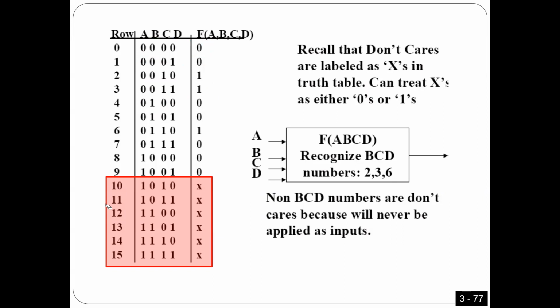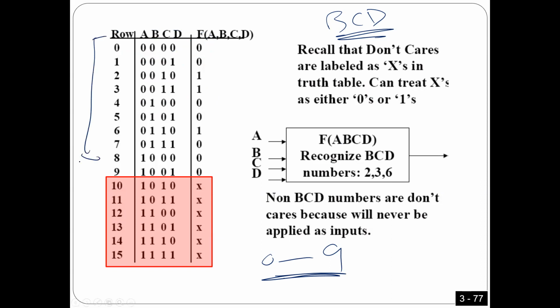For example, if the input here is BCD, as I told you before, BCD means numbers from 0 to 9, but they are in binary. So these are all possible cases for the input. Although the circuit allows inputting 10, 11, 12, 13, 14, or 15, because I have 4 inputs, you can input these numbers, like 0, 1, 0, 1, 1, 1, 0, 1.